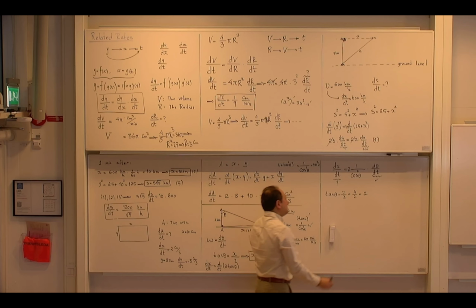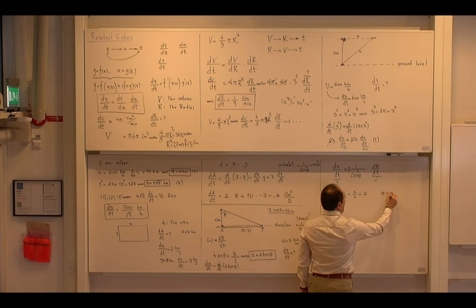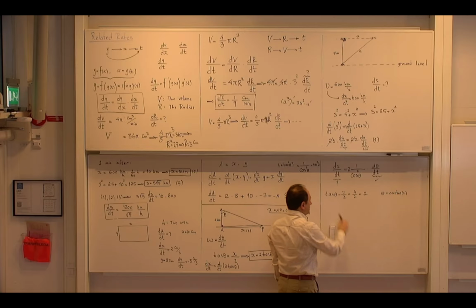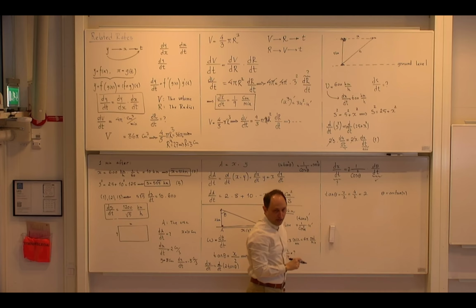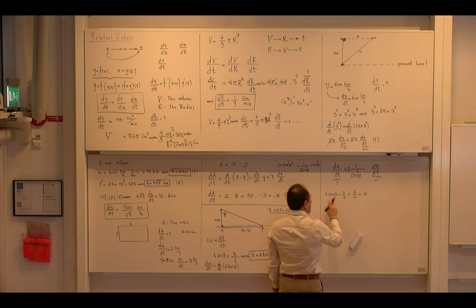In principle it is not wrong to write theta is arctangent of 2, because tangent of theta is 2, and then you can put it back here. But then of course you will not get the whole point, because it is possible to calculate its exact value. So don't do that. If I give you tangent of theta to be 2, can you find the exact value of this quantity?